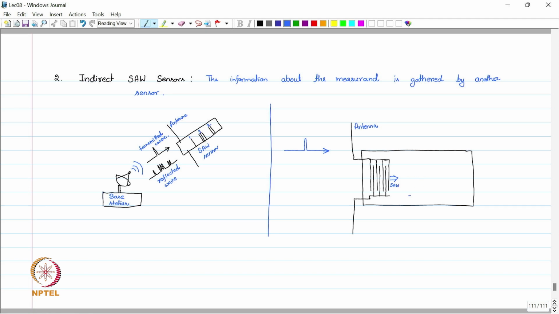Then in the same line we have some reflectors placed. This is one reflector. Then we have three reflectors. And then we have two reflectors.